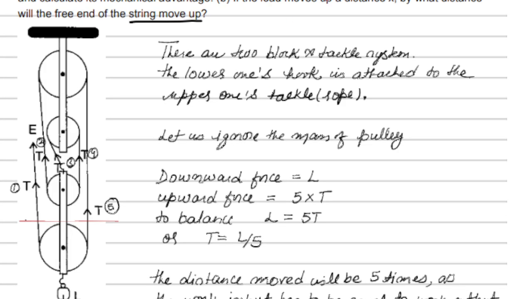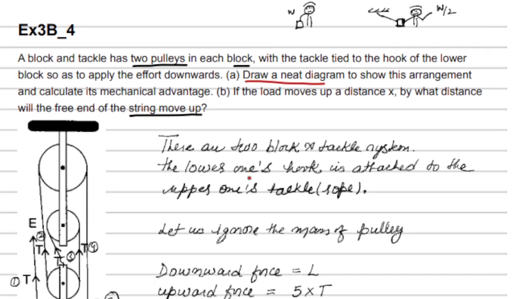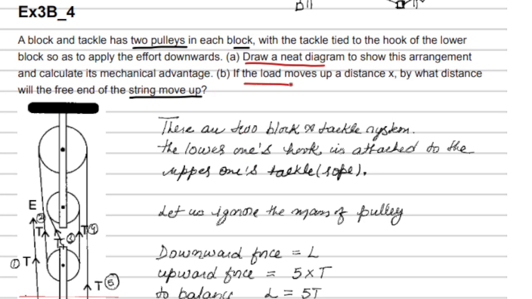Now first, they ask us to draw a neat diagram. You have drawn a diagram. Then B: if the load moves up a distance x, by what distance will the free end of the string move up? We should know by this that 5 strings are supporting it. One, two, 3, 4, 5.